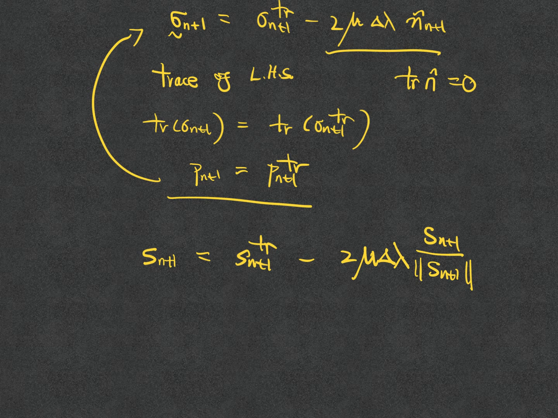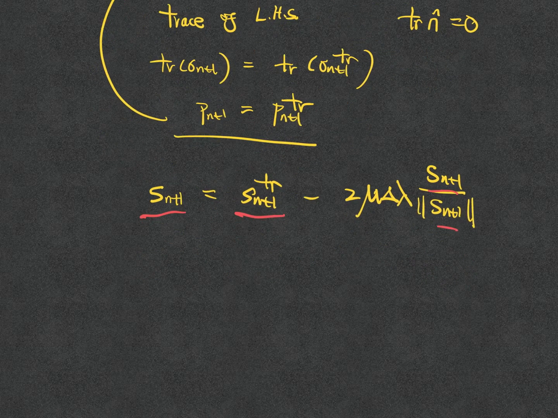This is just the substitution. Now there's one thing that many of us don't notice but is very important. I have the F, n S n plus 1, I have the S n plus 1 trial, I have the S n plus 1 here, and then I have the magnitude. So far so good.